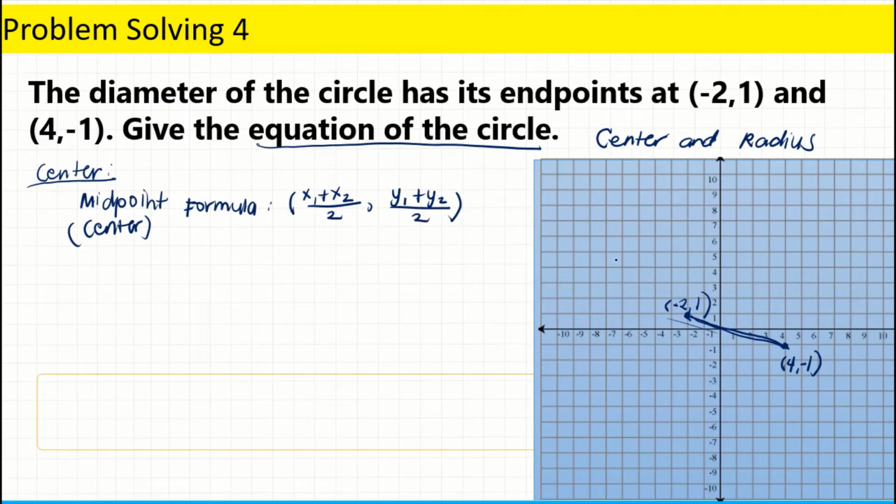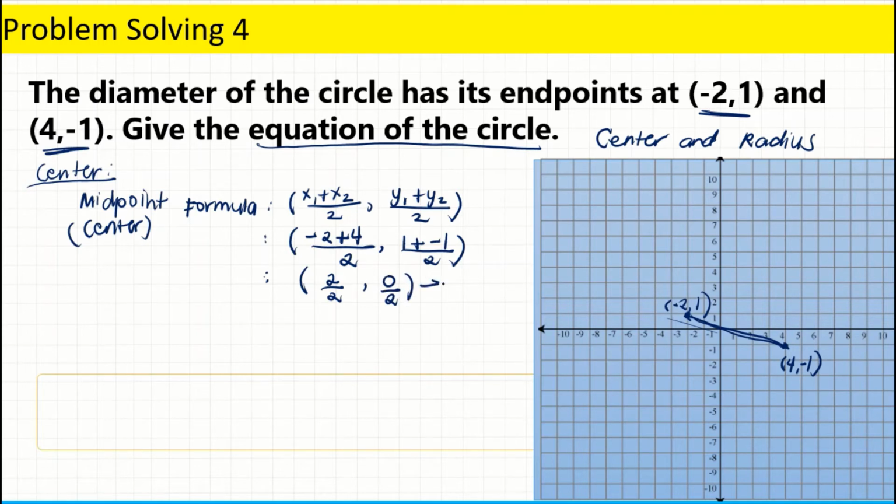Okay, so substituting the values of x and y's dito sa ating midpoint formula, ito na muna yung first point natin, yung negative 2, 1, then second yung 4, negative 1. So we have negative 2 plus 4 all over 2, 1 plus negative 1 all over 2. So this is equal now to our center na negative 2 plus 4 equals 2 over 2, 1 plus negative 1, that is 0 over 2.